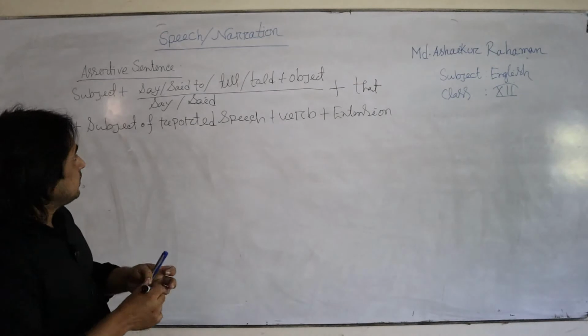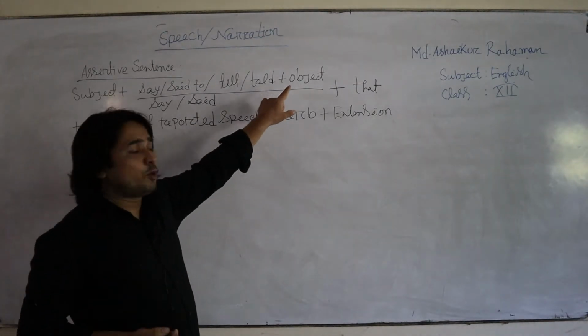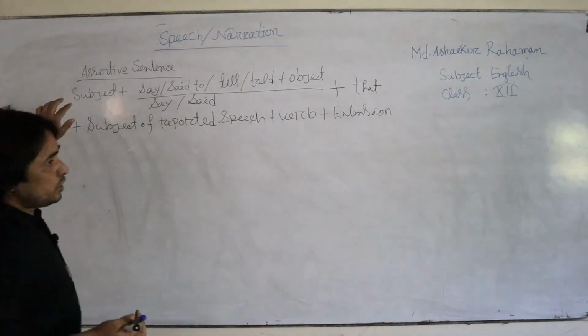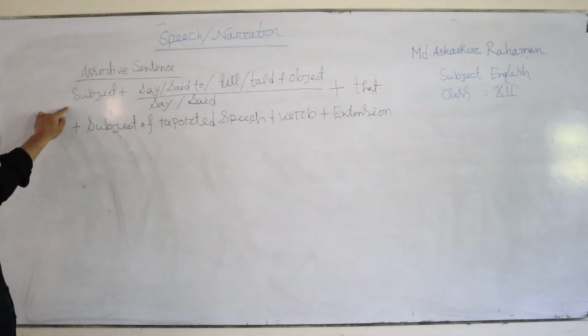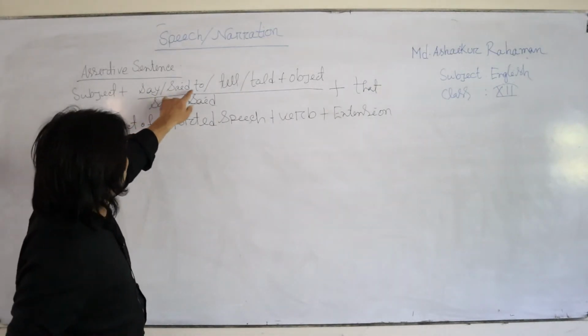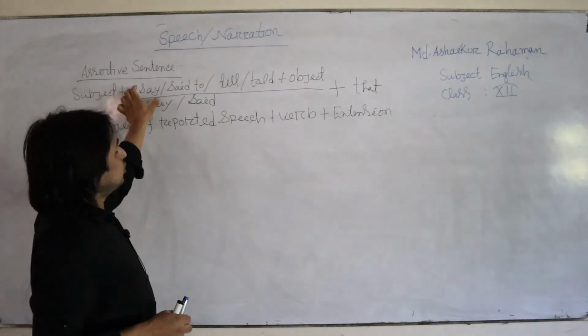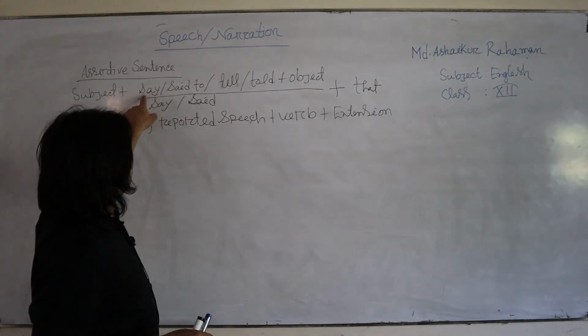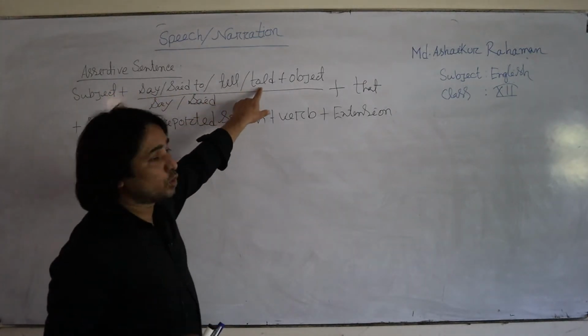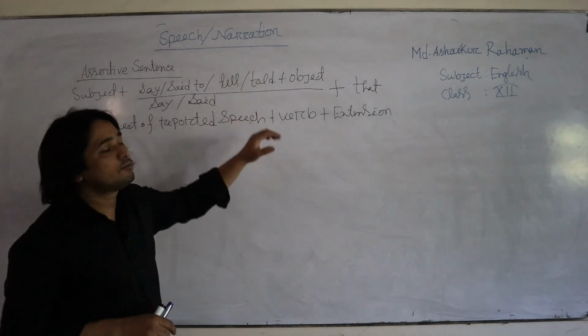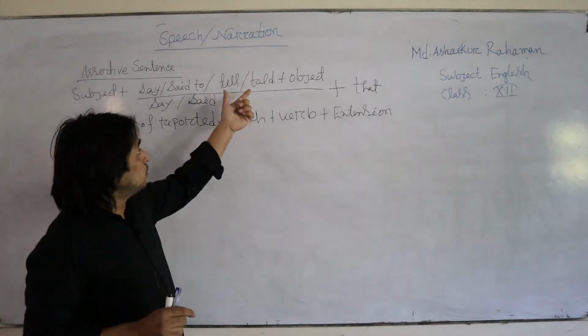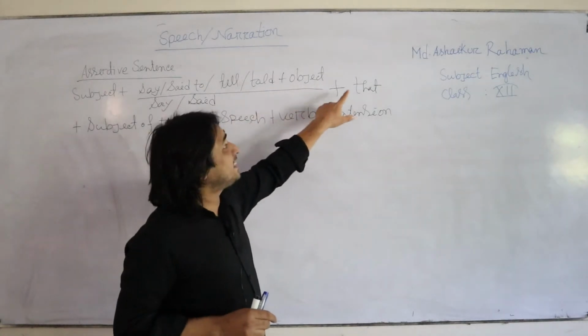If we find an object in reporting speech, we should follow the rule as subject plus say or said to. You will have to use to both with say or said. If you use tell or told, you don't need to use to plus object after that.